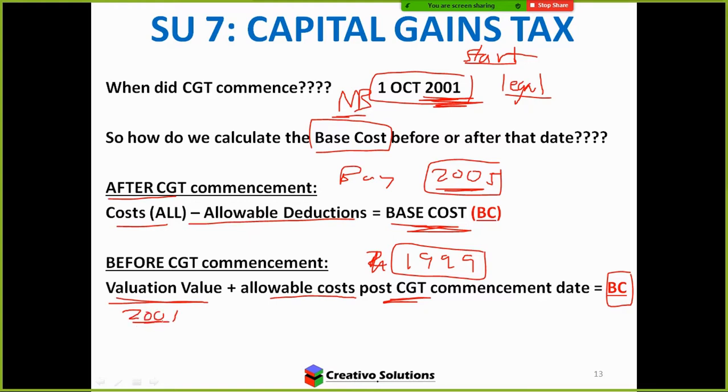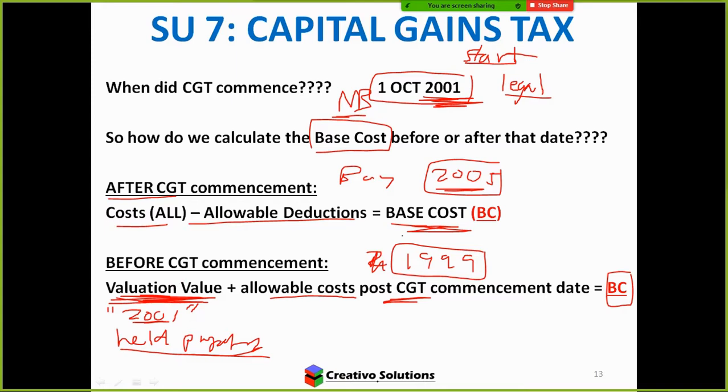Back in 2001, before CGT was implemented, the government said you can get an estate agent or someone who can value your property, and from that point onwards we're going to use that as the valuation date value.